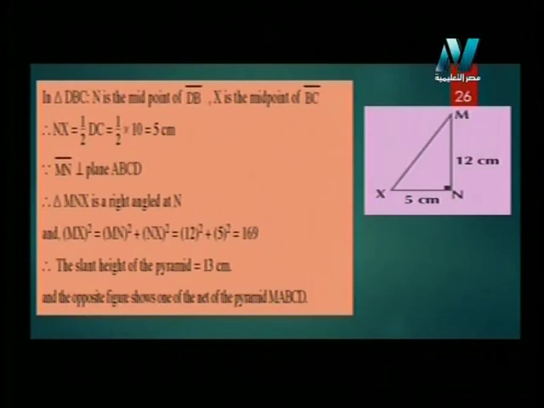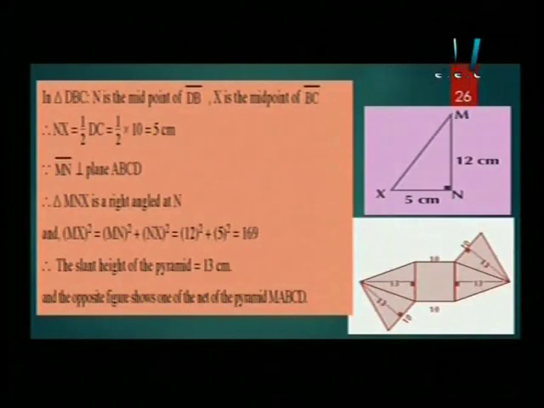We calculate them and get 169. By taking the square root of this number, because we have MX power 2 and we would like to find MX only, the slant height of the pyramid will be 13 centimeters. The opposite figure shows one of the nets of the pyramid MABCD, like that.